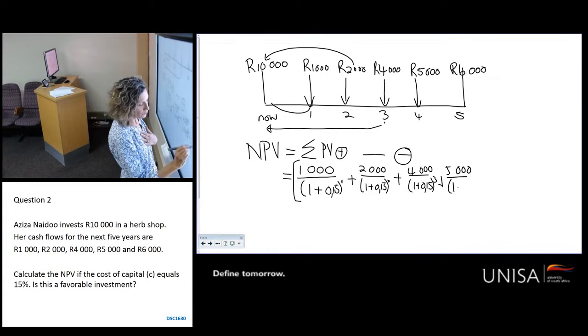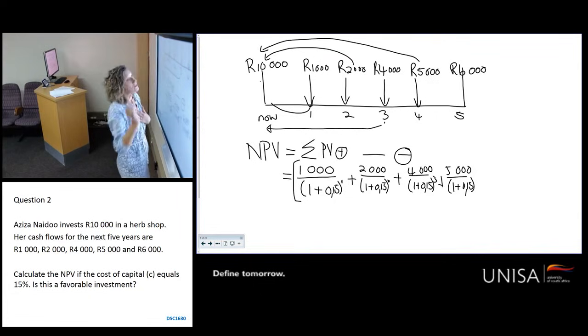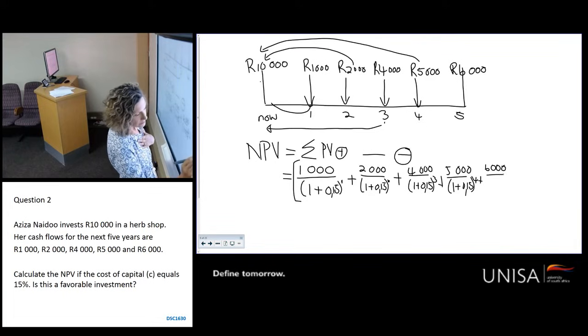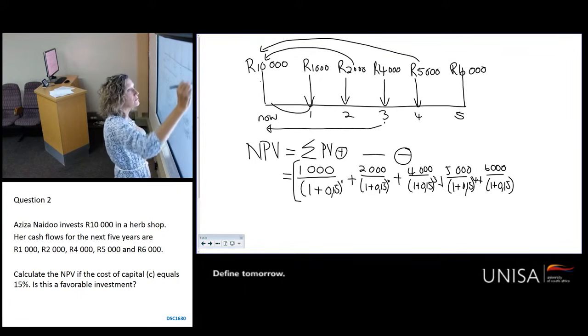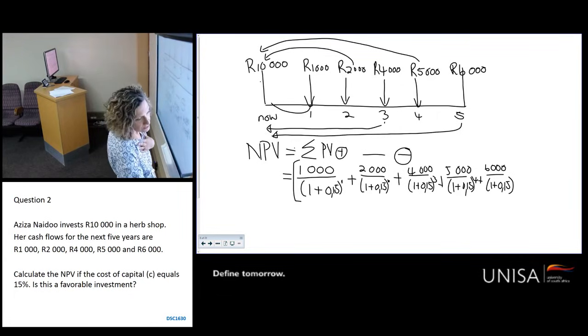Again, from where to where are we moving it? From 4 years to now, back in time. So it's 4 years, plus the 6,000, we're moving back, no, not 6 years, 5 years. From here to there, it's 5 years.